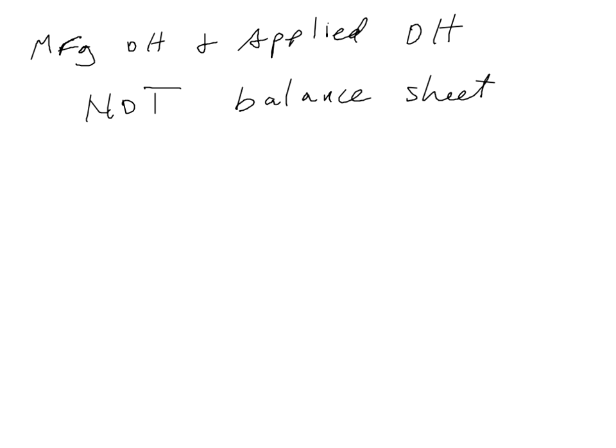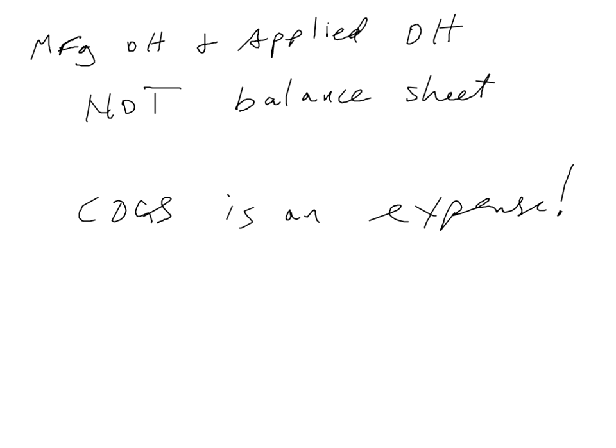But then it wants to know what the beginning balance for cost of goods sold is. And that's another trick that they're trying to throw at you. Remember, cost of goods sold is not an inventory account. Cost of goods sold is an expense. And just like any other expense, it's zeroed out at the end of the period. So there's not going to be a beginning balance.